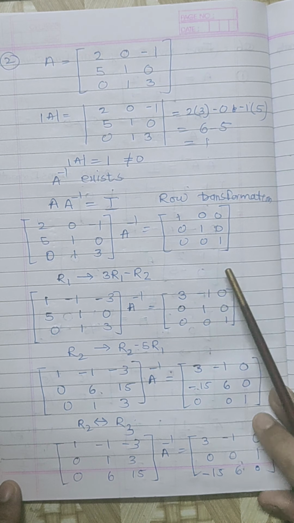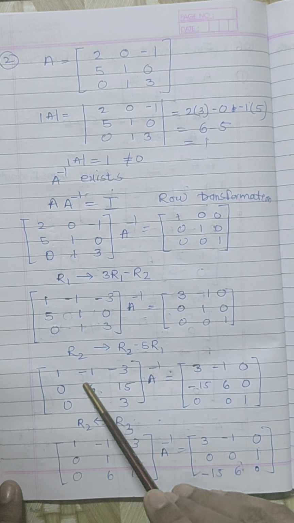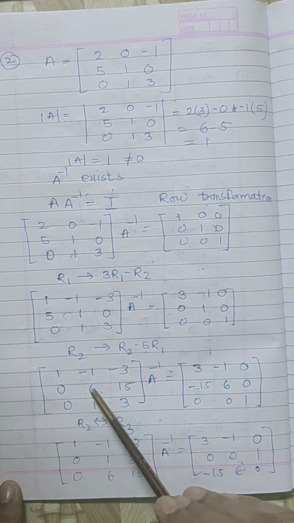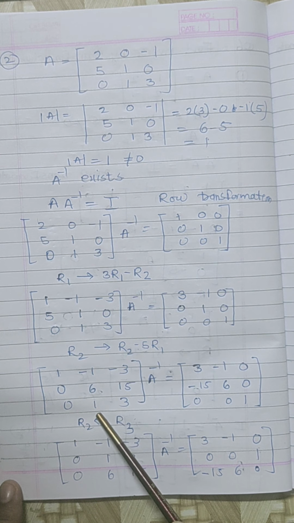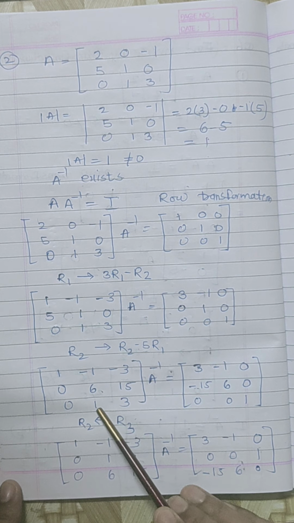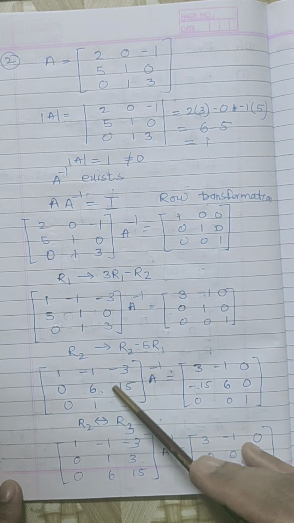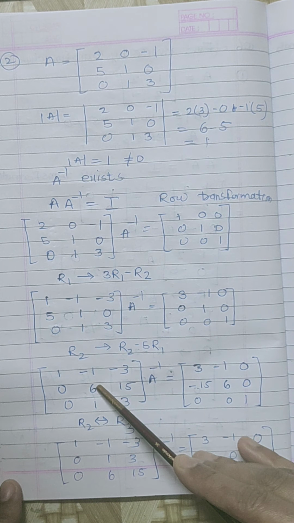Now the next step will be this 6, you have to convert into 1. When you convert this into 1, we can make this easily 0. So to convert this into 1, see, here 1 is there and here 6 is there. If you interchange the second and third row, here it will become 1.